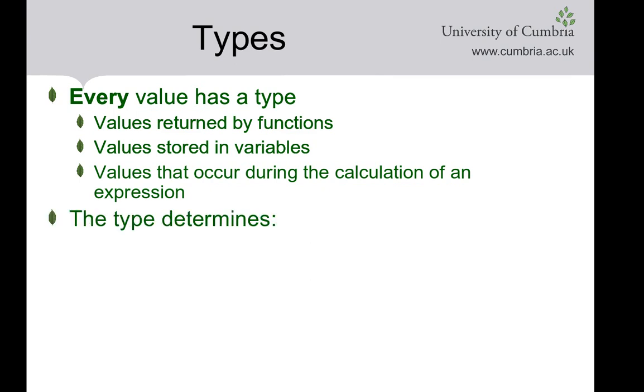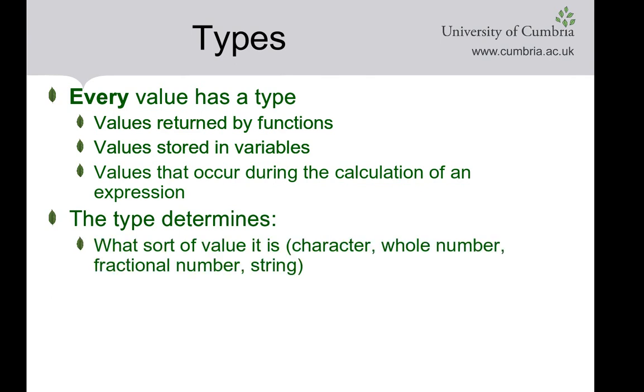The type of data that a value has determines several things. It determines what sort of value it represents, whether it's textual information made up of characters, so A, B, C, underscores, minus signs, also digits 1, 2, 3, 4, 5, or whether it's numeric. And numbers can be lots of different types.